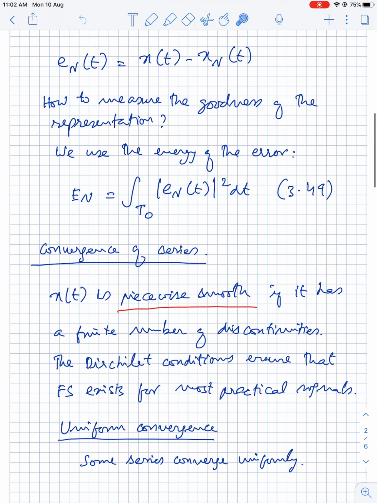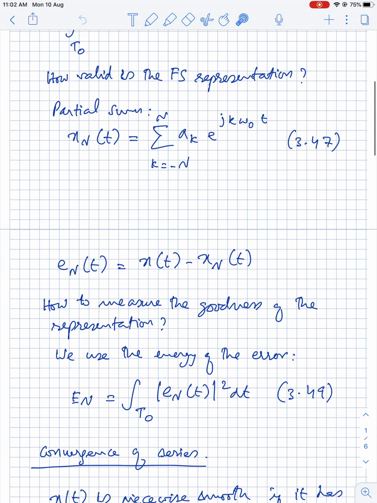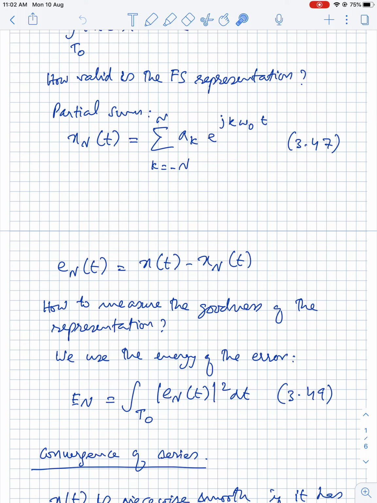It is again the partial sum, but to make sure that the representation has less than a particular error, we might have to use different N's for different t's. So if it is pointwise convergence, at some t's you might need to use a larger N, whereas at some t's you might need a smaller N to get an error which is less than some given epsilon. That is pointwise convergence.